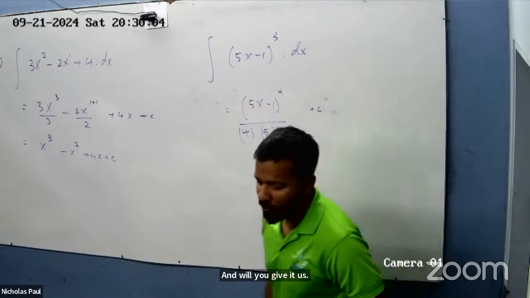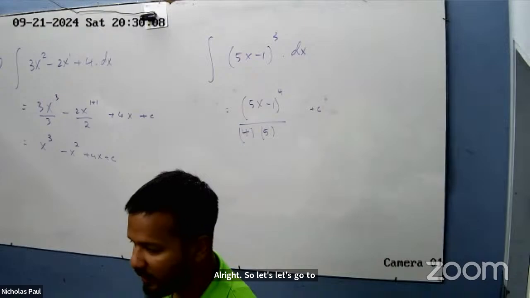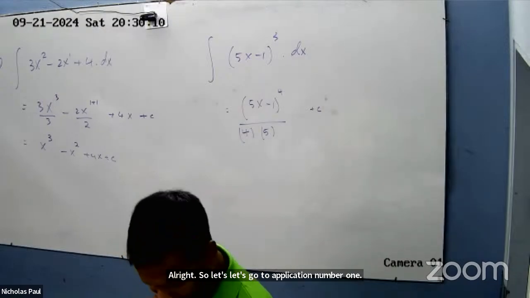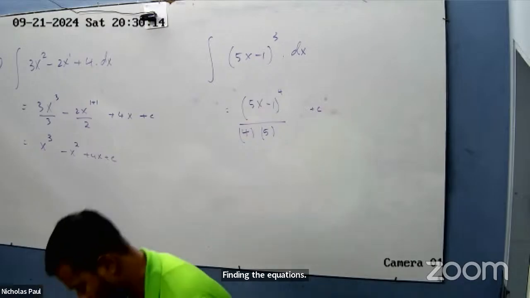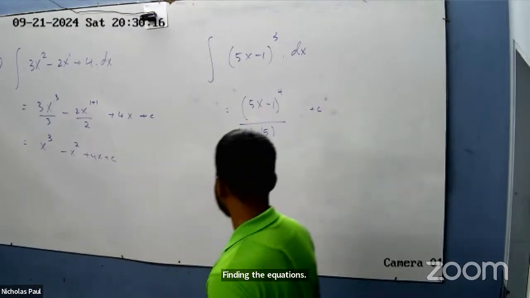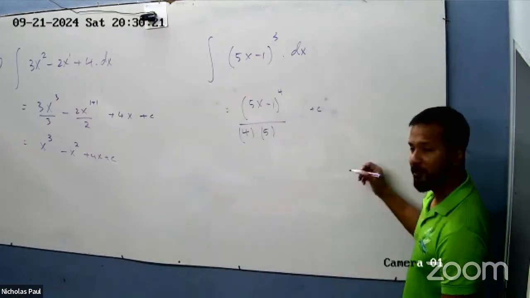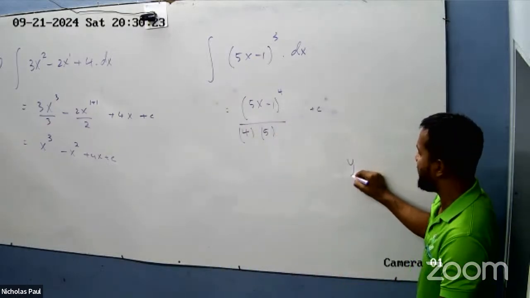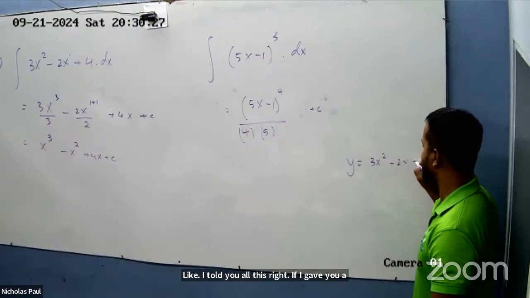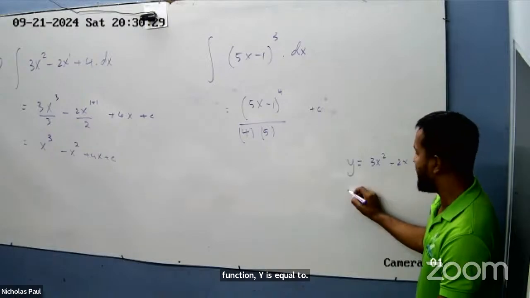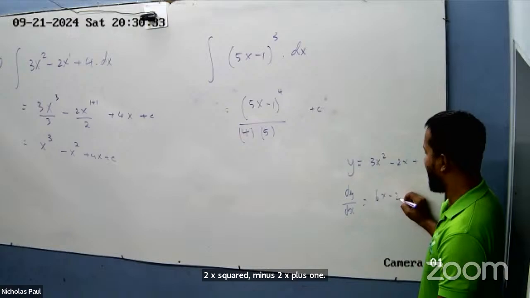All right, so let's go to application number 1. Finding the equation. Remember I told you all this. If I give you a function y is equal to 3x squared minus 2x plus 1, and you differentiate this, you'll get 6x minus 2.